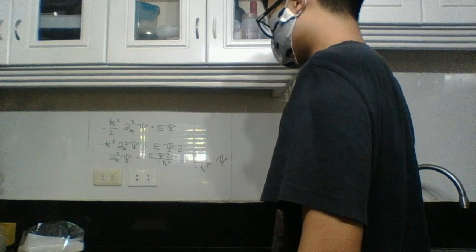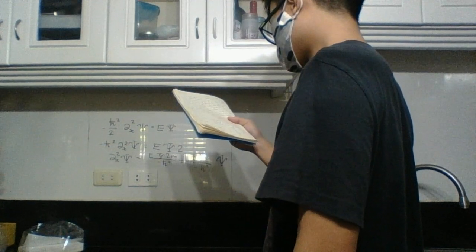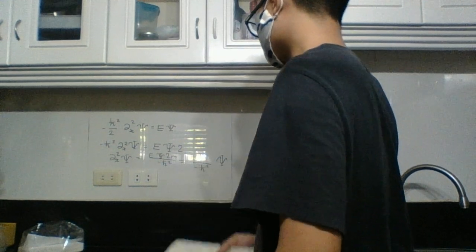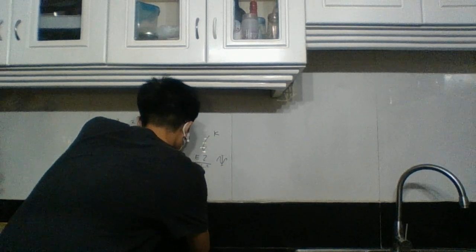Let's say this constant is called k. Let's set this equal to k. So this entire thing shrinks down to the second derivative of the wave function equals k times the wave function.